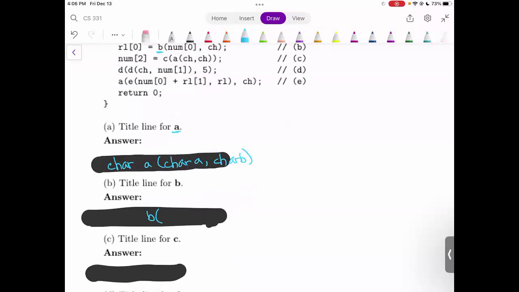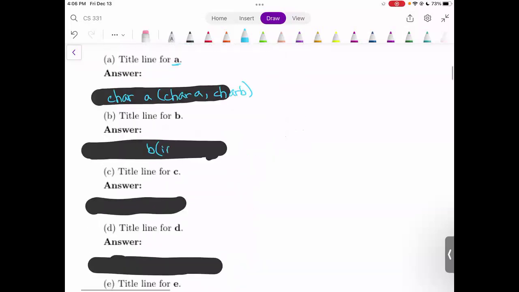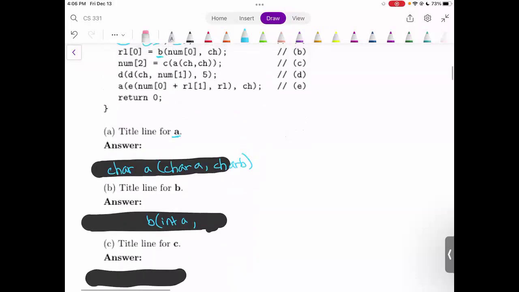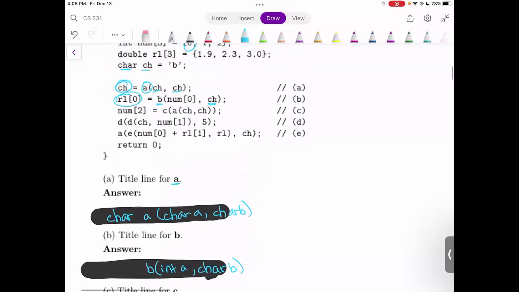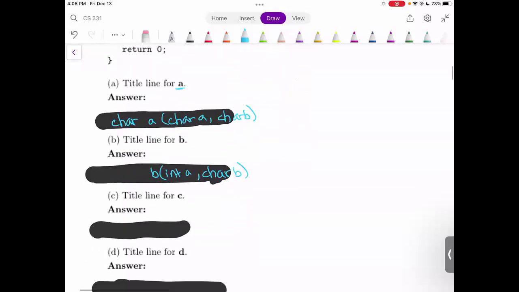The first parameter is num0, where numbers is integers, so it's going to be int a. The second parameter is a char, so char b. Okay. What does it return? It has to return something that can go into RL0. RL0 is a double, so it returns a double.